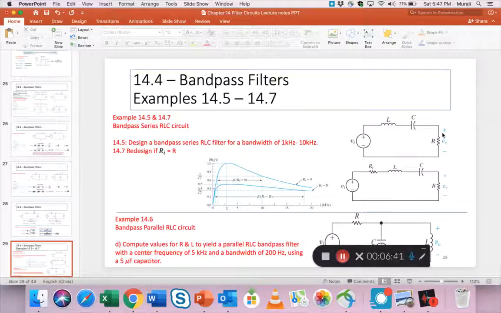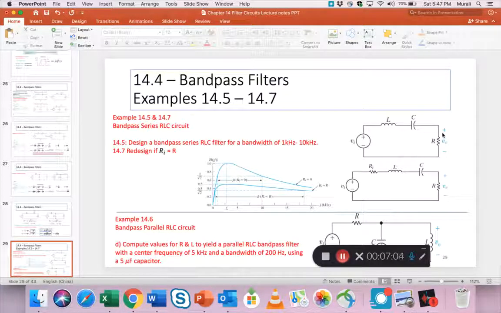So anyway, he directly applies a formula for the geometric mean to come up with the center frequency F0 as 3162 hertz, and this is the geometric mean of the band that we have been given. The band is 1 kilohertz to 10 kilohertz, right?